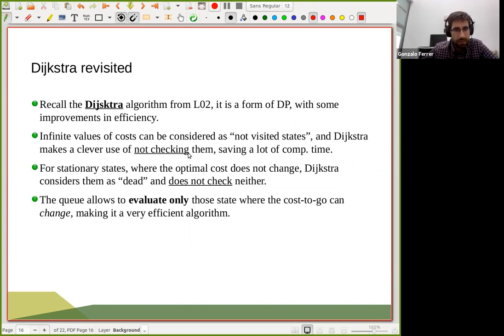Let me comment a few things about Dijkstra revisited. In some form, it was dynamic programming, right? But what the Dijkstra algorithm was doing is a very clever way of applying the dynamic programming principle. So how is that possible?